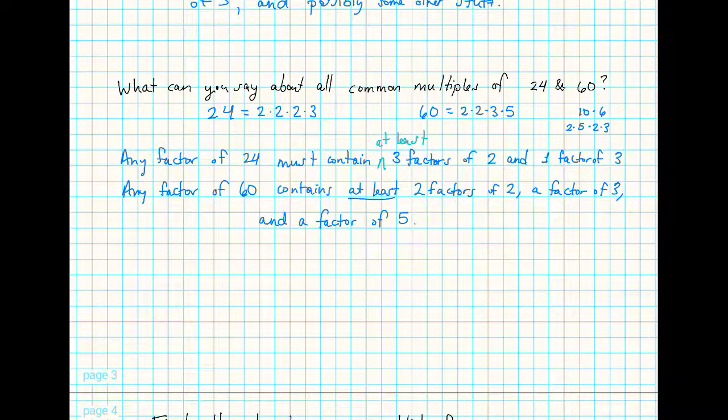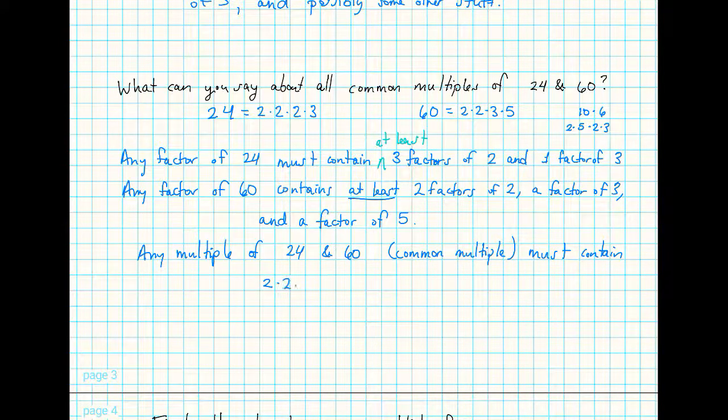So that means that any multiple of 24 and 60 has to contain all of these things. So any common multiple must contain, well, in order to be a multiple of 24, it has to have 3 factors of 2, and it has to have a factor of 3.